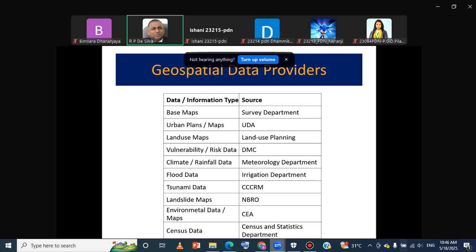corrected information. If you come to the urban plans and maps in Sri Lanka, it is UDA, Urban Development Authority, which is responsible.